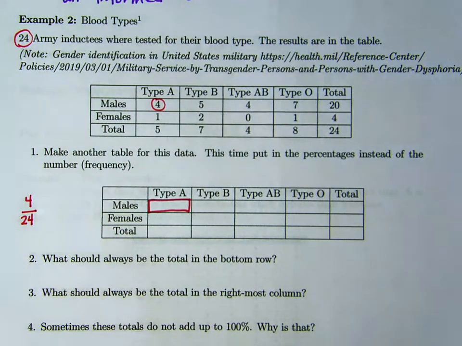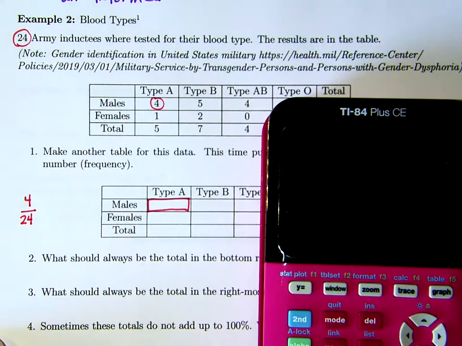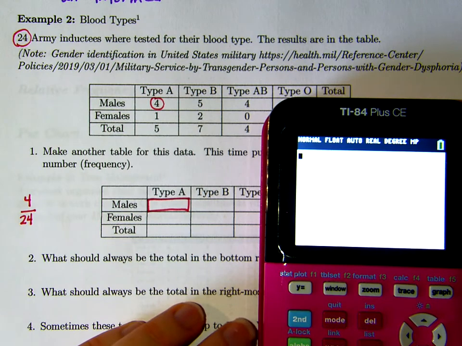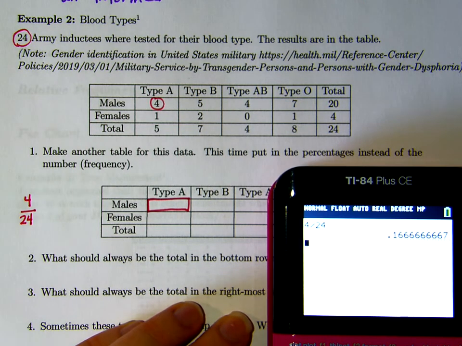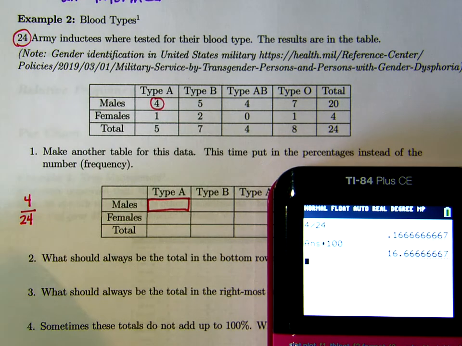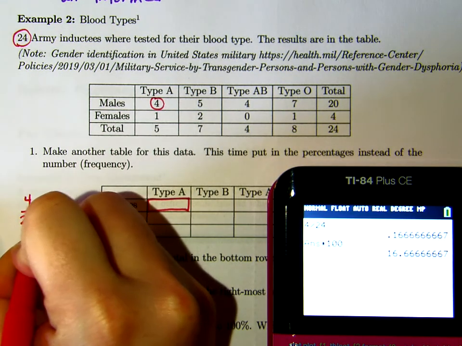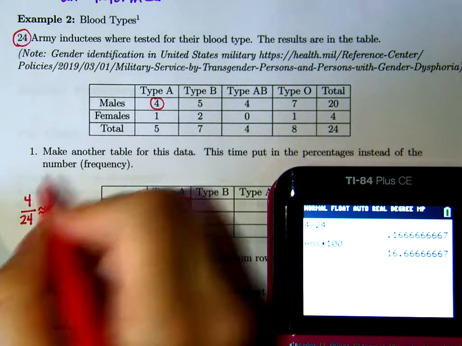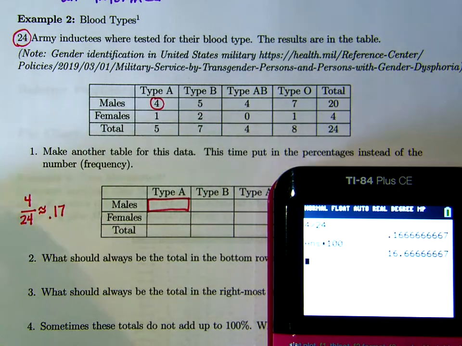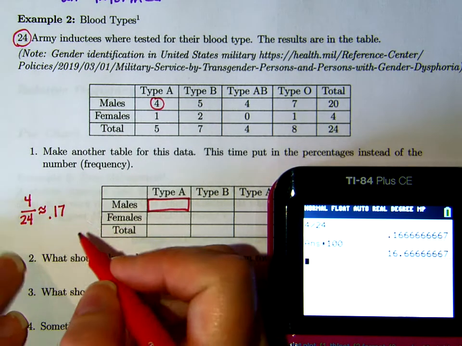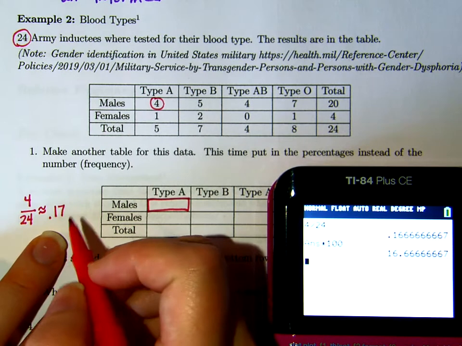And if I pull out my handy calculator and I go 4 out of 24, so 4 out of 24 was approximately, I guess we can round to 0.17, which is a lot of rounding because there's plenty of decimals and precision here to go with.